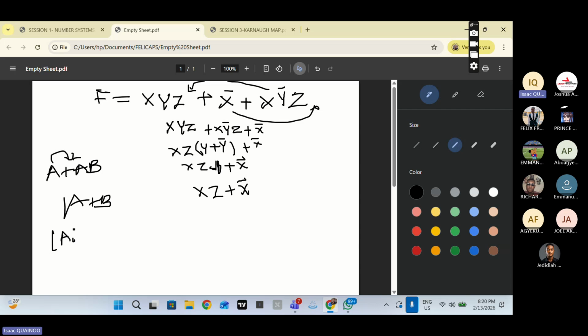This A times your A bar, and then we are going to do this A plus your A bar, and you are going to do the same thing with your B as well. We are going to do the same with the B as well. But you know, A plus A bar is 1. So we'll be left with A plus B.